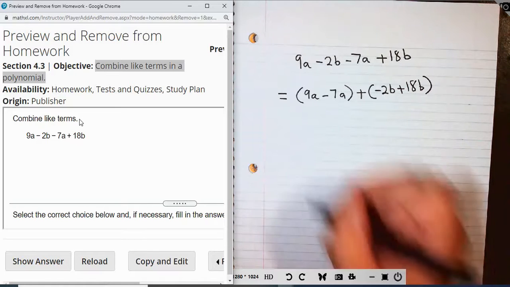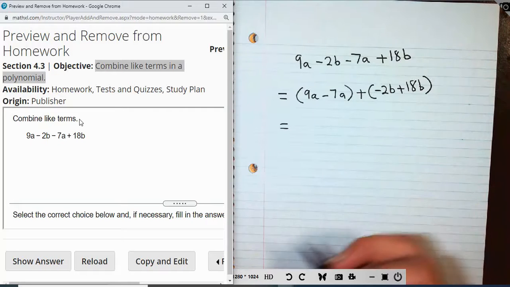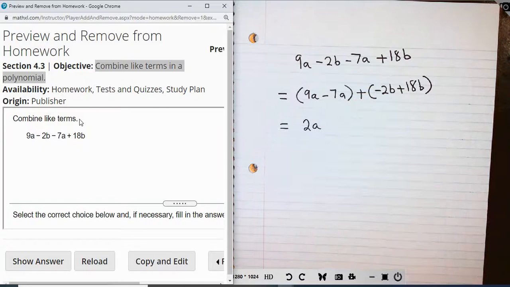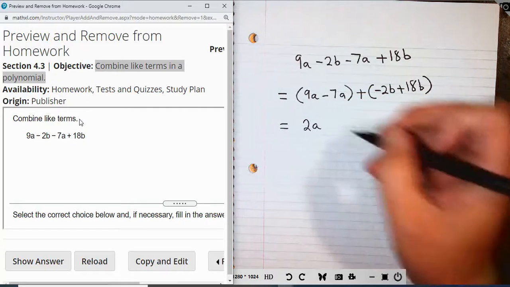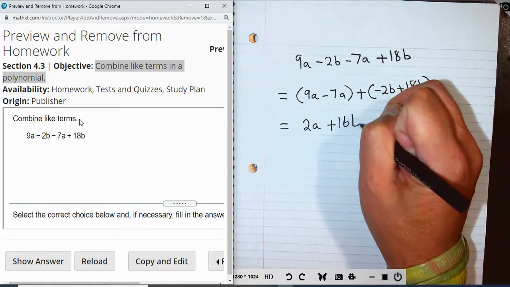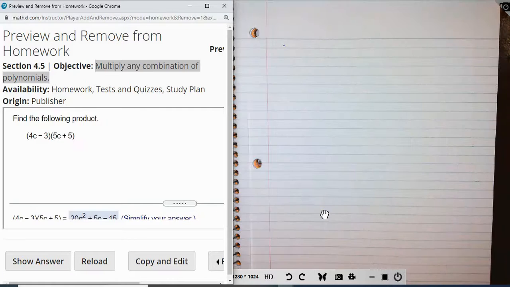You don't have to include that step; you could probably do it in your head. So 9a minus 7a is 2a, and negative 2b plus 18b is 16b. You do not want to miss this one. It's way too easy to miss, so be sure to get it correct.